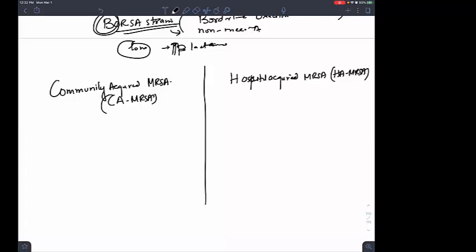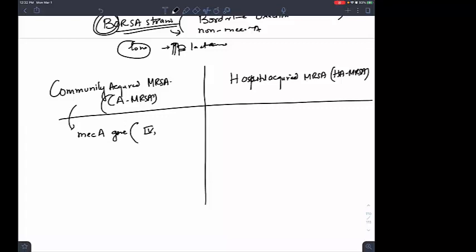Remember, we have to write some differences to understand. Community acquired is due to the mecA gene, which subtype? Type 4, 5, 7, not 7, 6, sorry. Hospital acquired is also due to the mecA gene, but the subtype is 1, 2, 3.